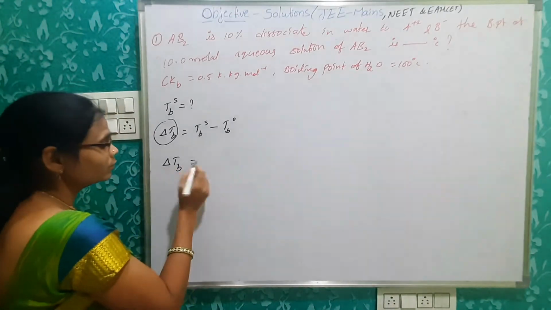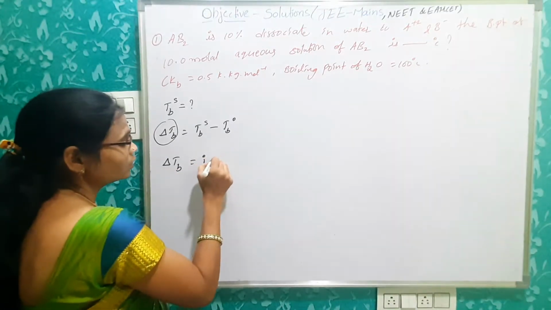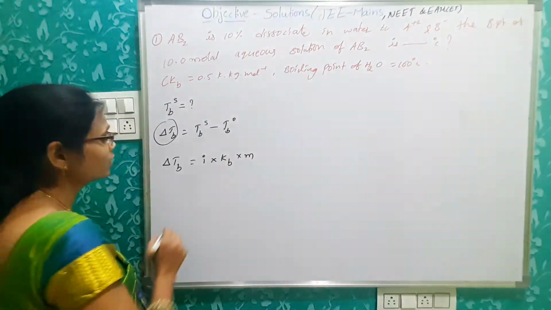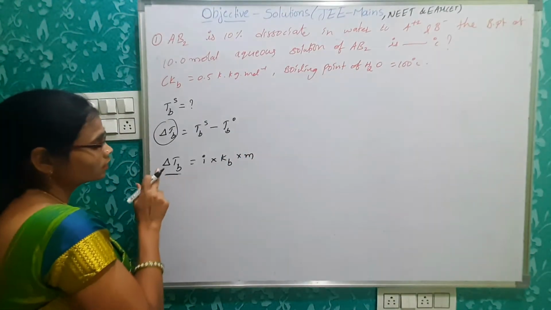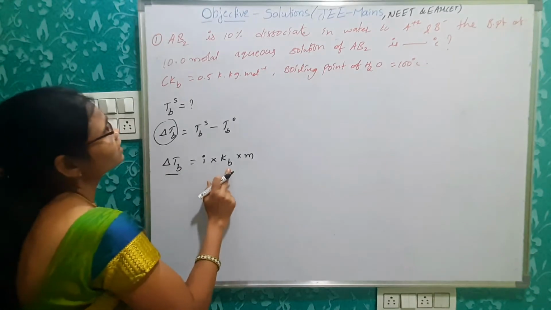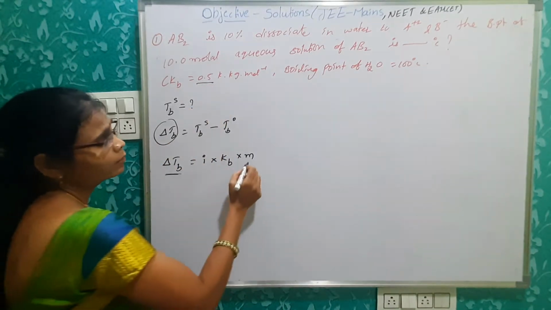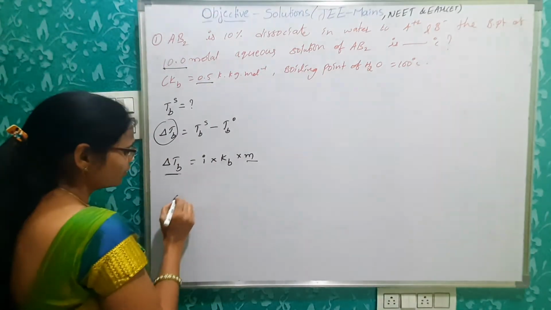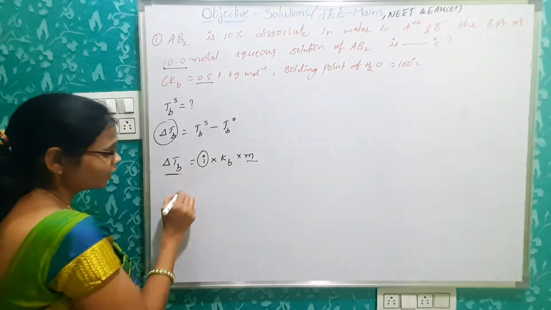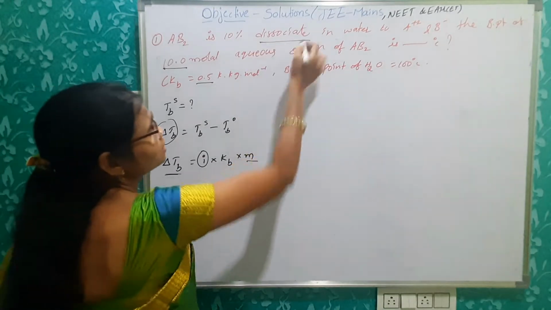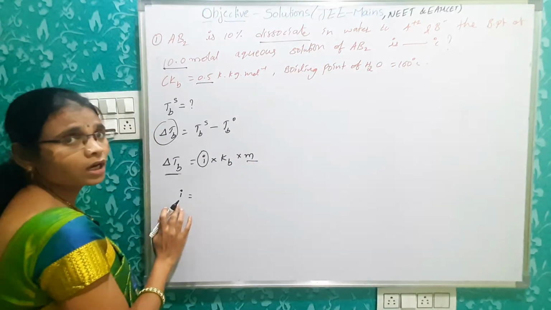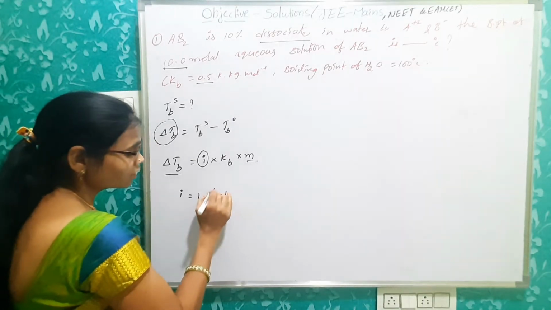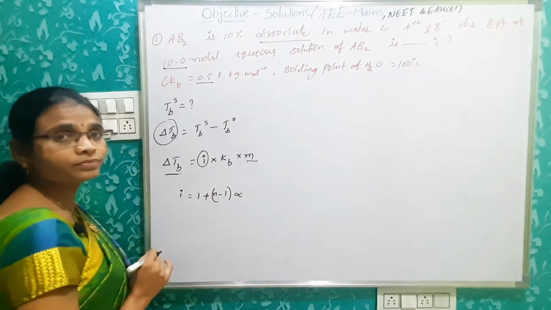So delta TB is simply i factor into Kb into m. Kb is given as 0.5, molality is given as 10.0. But we have to calculate the i factor. For dissociation, the i factor formula is 1 plus (n minus 1) into alpha.